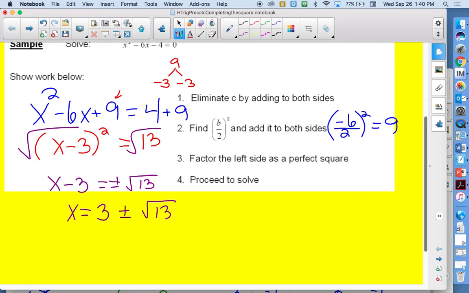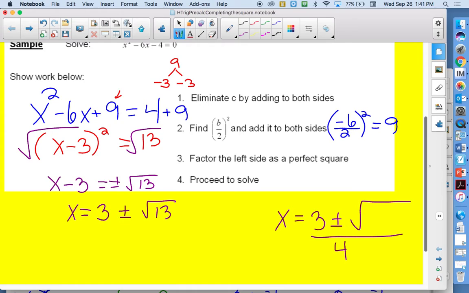You said that completing the square would be a lot less messy, but you still end up with a square root. Well, yeah, but with the quadratic formula, you would end up with 3 plus or minus the square root of b squared minus 4ac, over 2a. There's going to be a number underneath here.